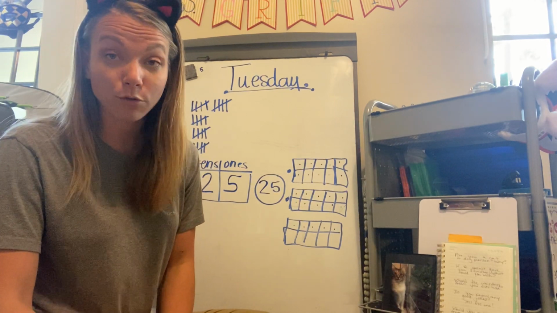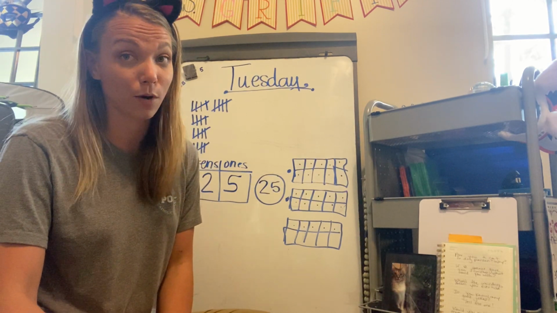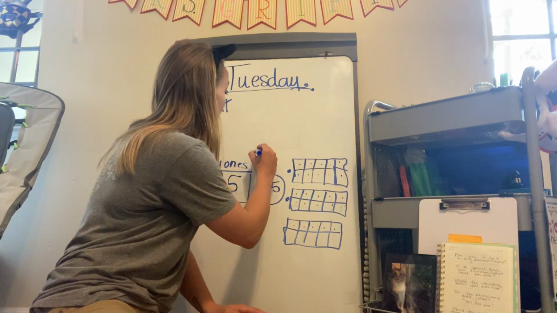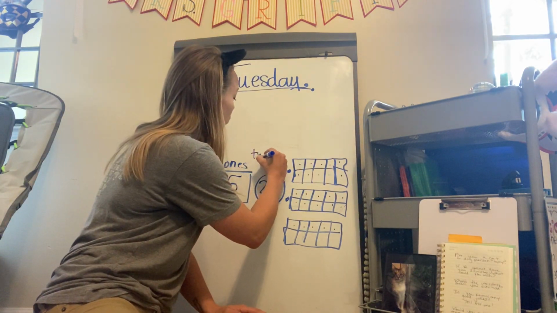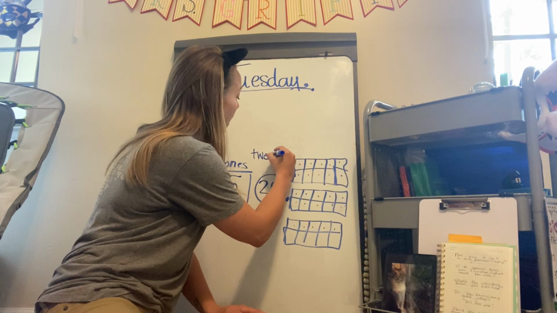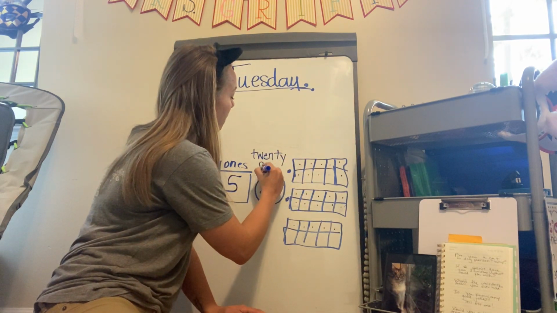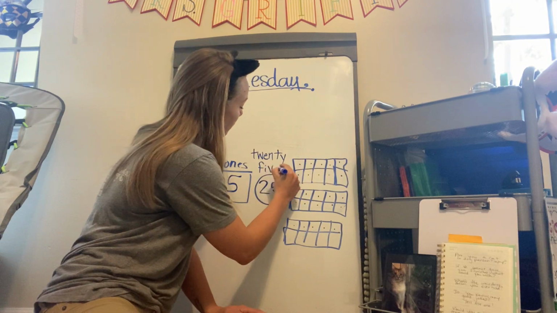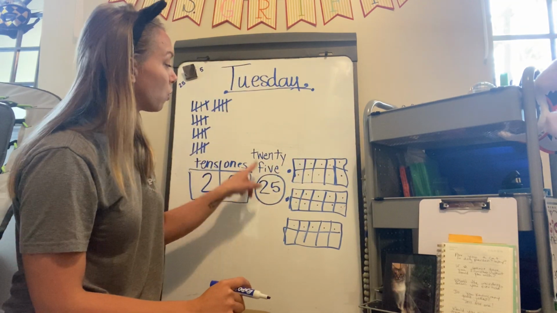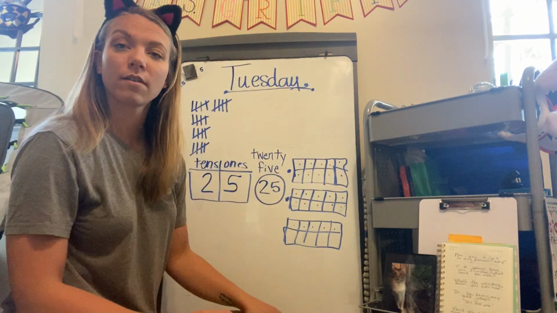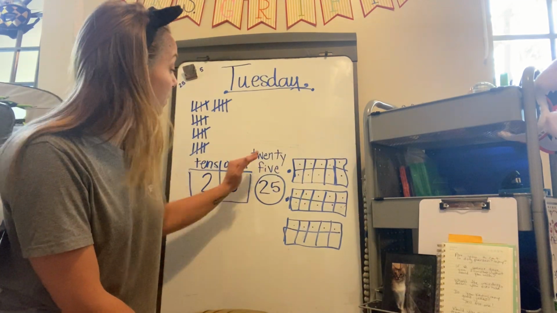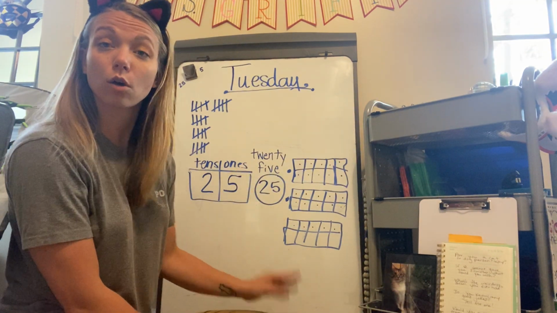If you've written both words before, you shouldn't have any problem spelling. 20, T-W, twa, E-N, twen, T-Y, 5. See how it's just 20 plus 5. There's no new names for numbers here. We've already written both, so 25.